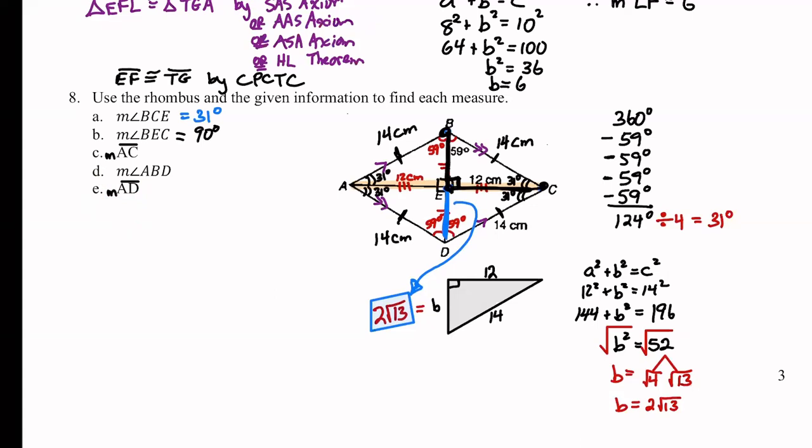Little notation thing. So AC, that's the whole line segment going from here to here. Right? 12 and 12 gives you 24. So 24 units, but we'll just say 24. ABD, so starting with A, going to B, down to D. I know the diagram got a little crazy here, but that's talking about this angle up here, which would be the 59-degree angle.